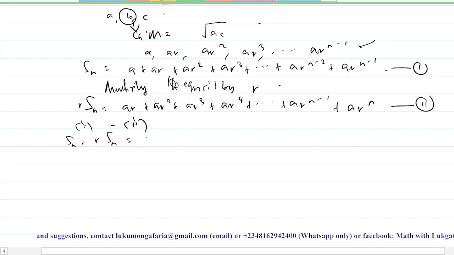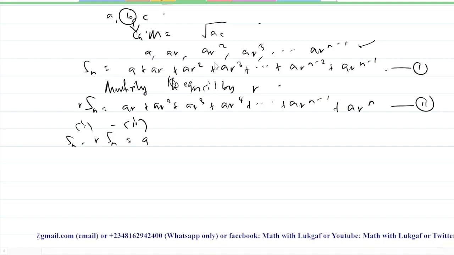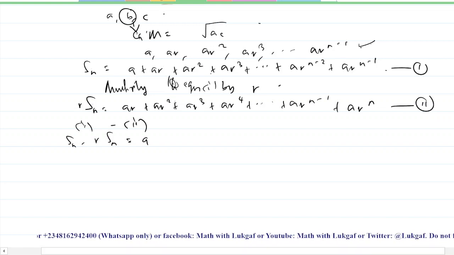Then I can have A here. But AR minus AR will be 0, AR squared minus AR squared will also be 0, and so on and so forth. Then what you are going to have left is minus AR^n.